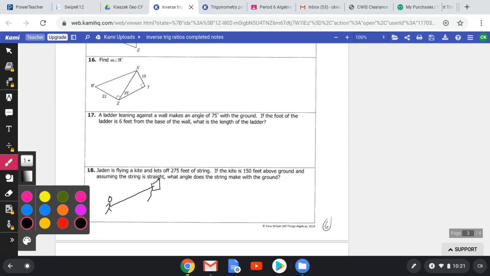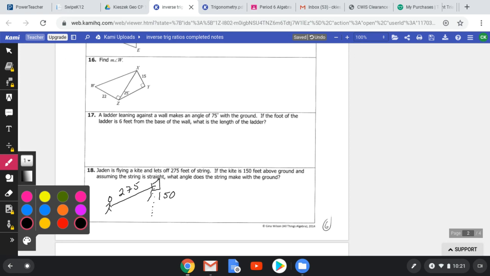So the kite is 150 feet above the ground. So we got this height here, 150 feet. Okay. And we assume the string is straight, there's no curve. What angle does the string make with the ground? So you're assuming here this 275 is going to the ground.